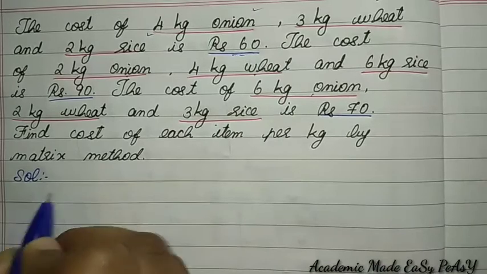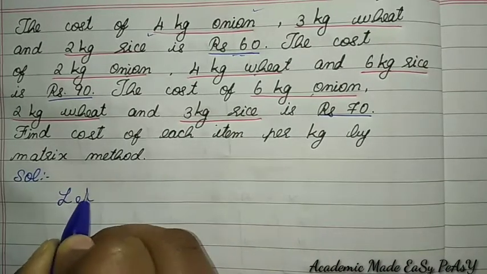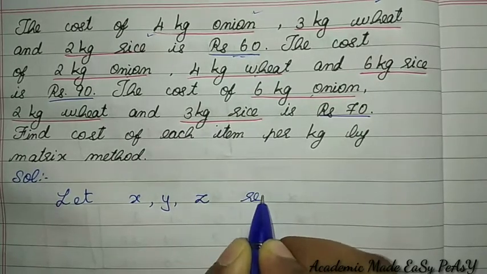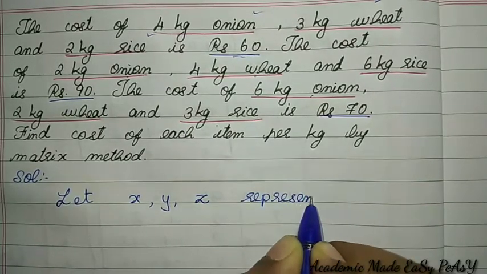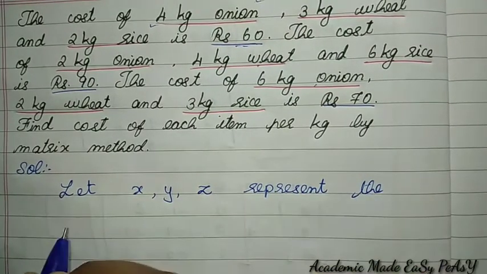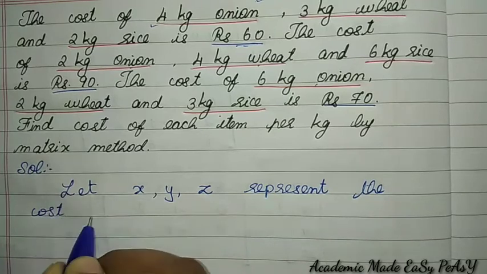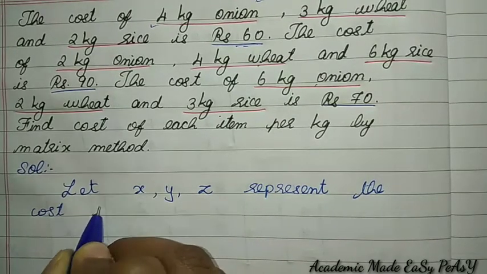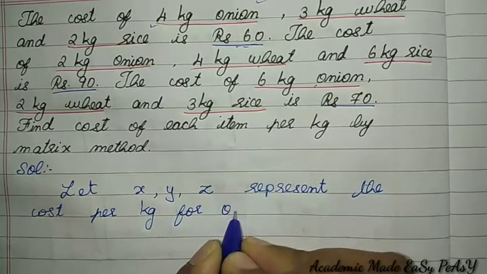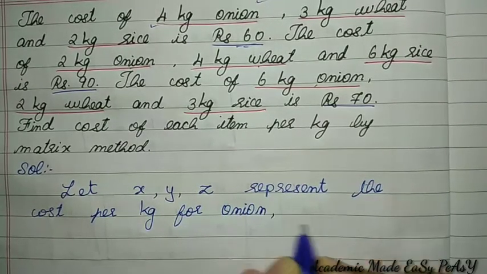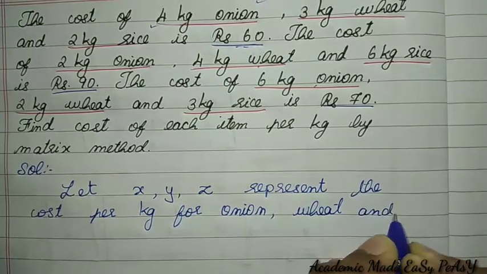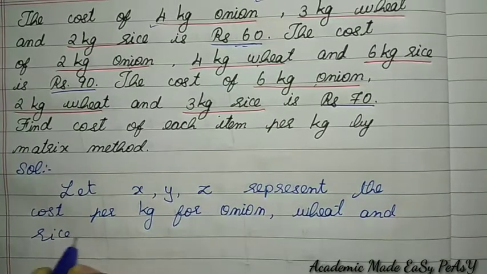So solution, I will take let x comma y comma z represent the cost per kg for onion, wheat and rice respectively.